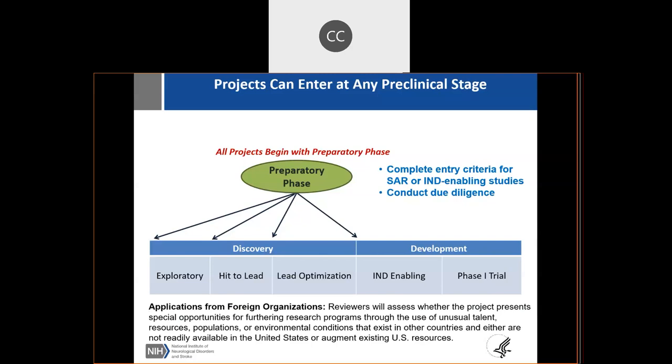And there's an extra level of review at the end that basically says, the reviewers will assess whether the project presents special opportunities for furthering research programs through the use of unusual talent, resources, populations, environmental conditions that exist in other countries and are either not readily available in the U.S. or augment existing U.S. resources. So you have to make the case, and it can't be because we have an existing collaboration we want to just continue. You've got to make the case for why this really is unique and offers that unique opportunity.